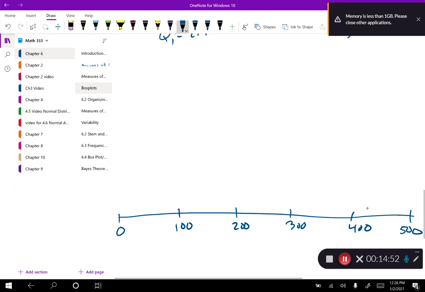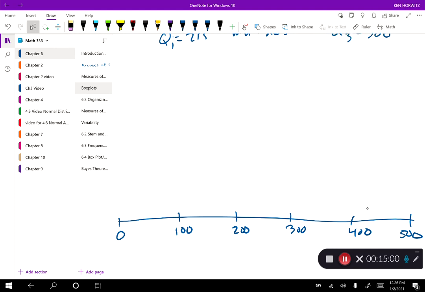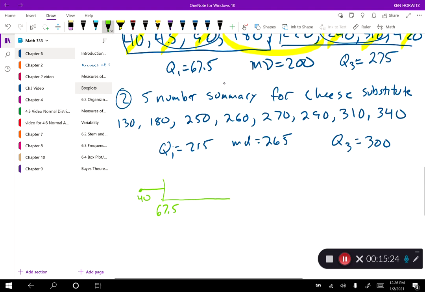I am going to put real cheese on top. So I'm going to change colors just so you see the contrast. I'm going to start at 40, which will be about there. That's my minimum. I'm going to go to 67.5. And then I'm going to create my median.